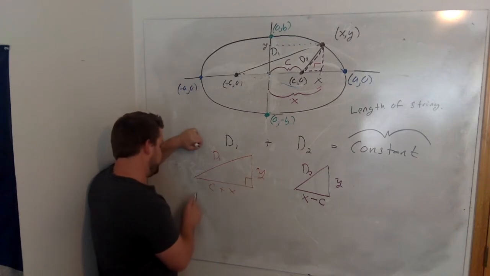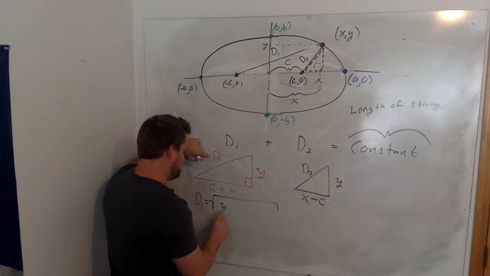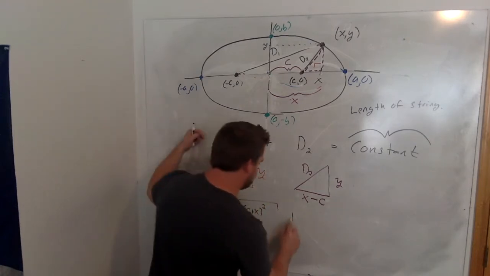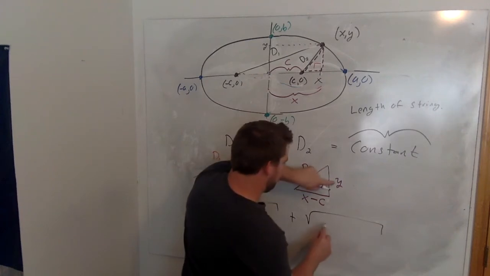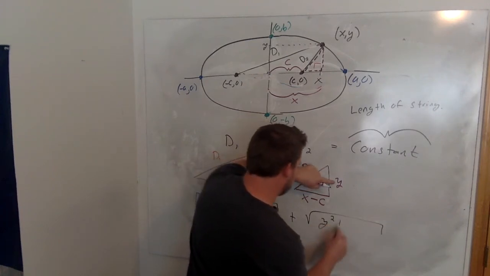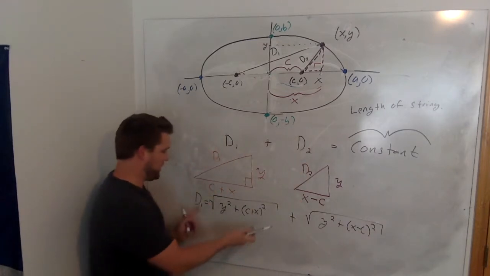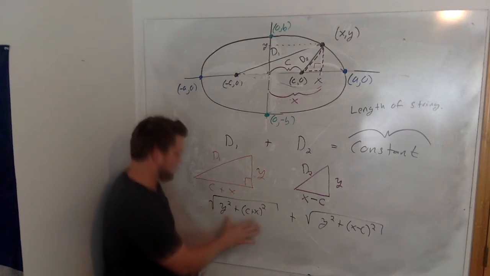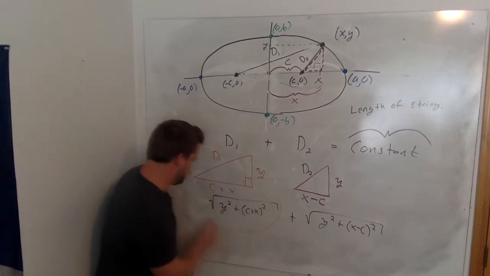So d1 will be equal to the square root of y squared plus the quantity c plus x squared, and d2 will be the square root of y squared plus the quantity x minus c squared. So we have d1 right here. This is d1, maybe I'll write that in red. This is distance d1.